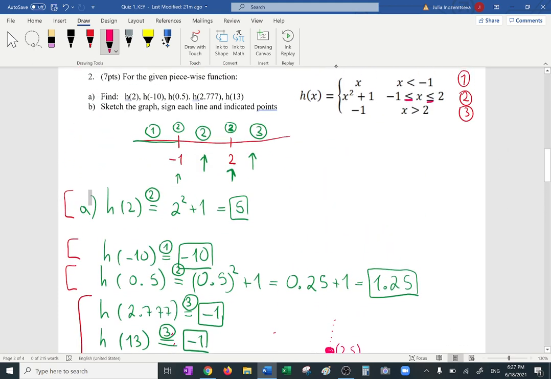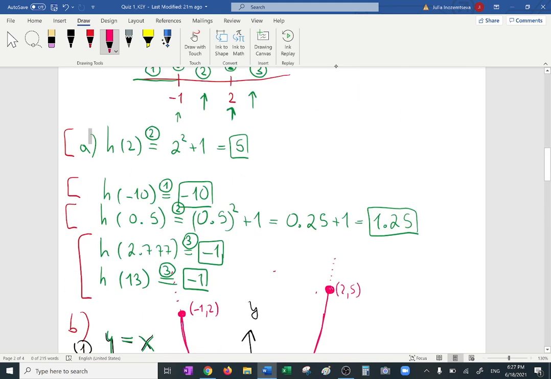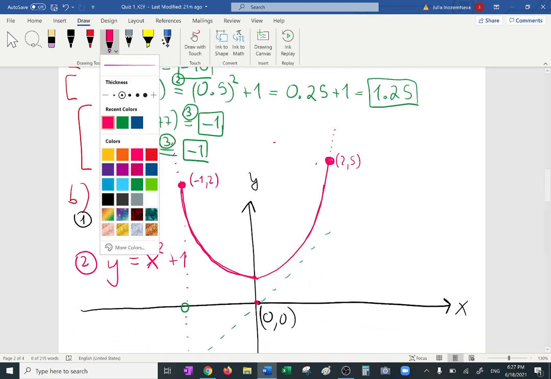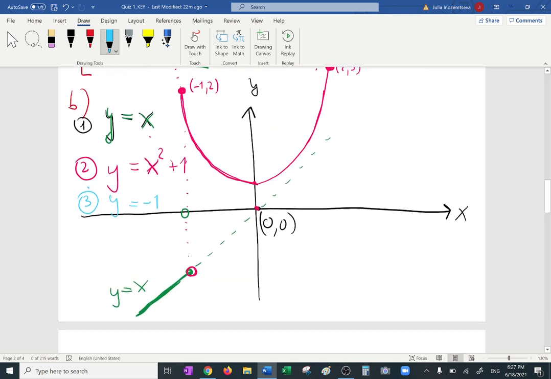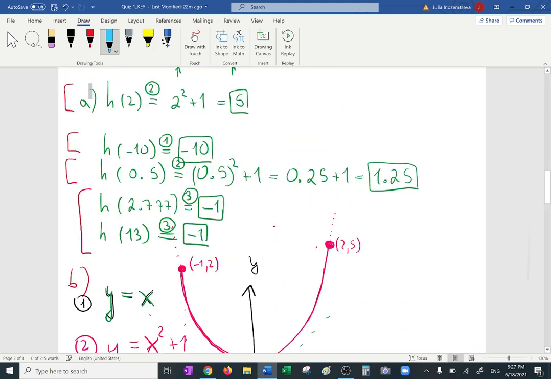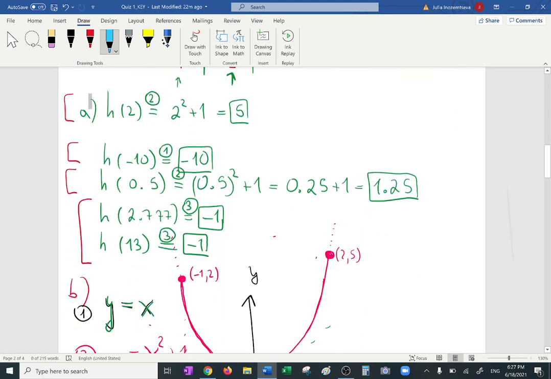And the last part, equation number 3, is y equals -1. Let's make it blue. That's just a line. Let's find height -1, which is this. Draw a horizontal line. But I need it only after 2.